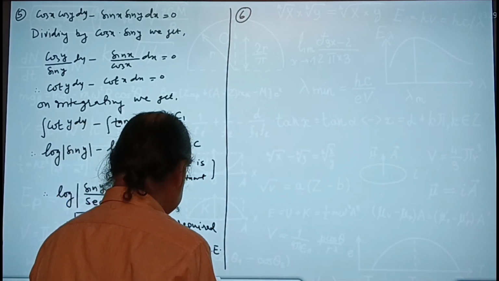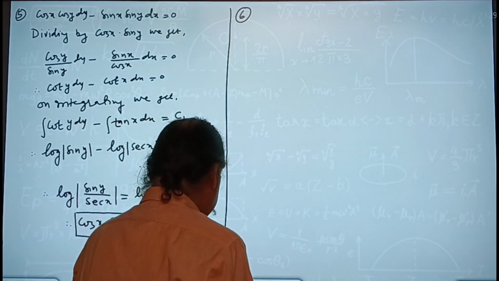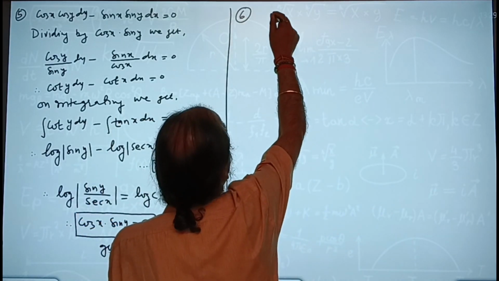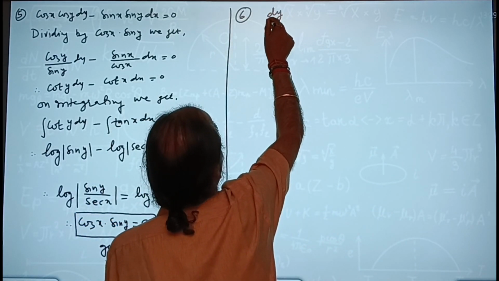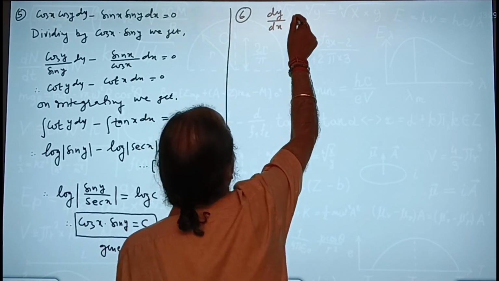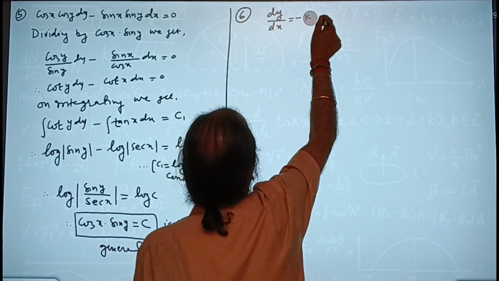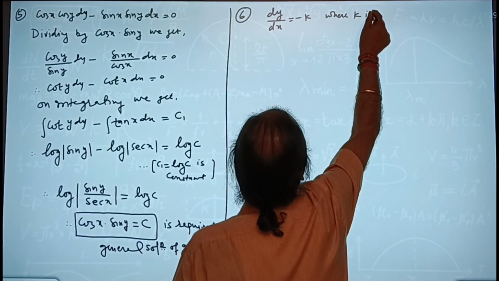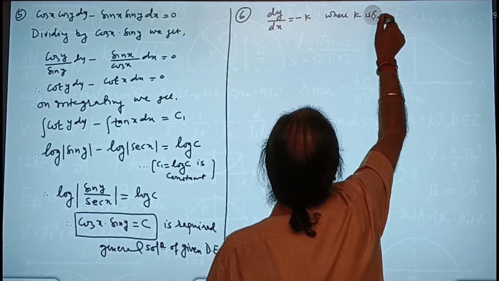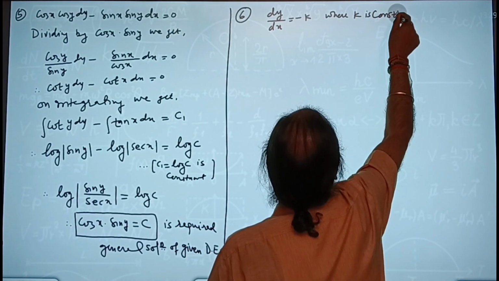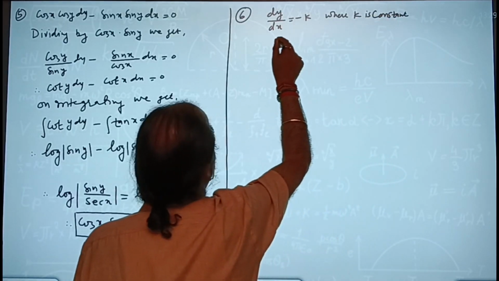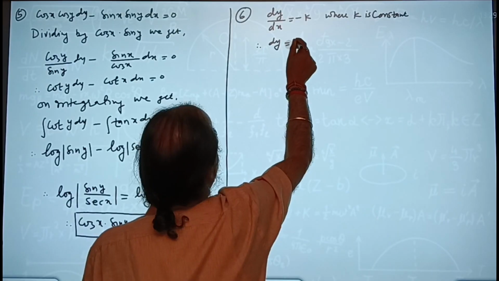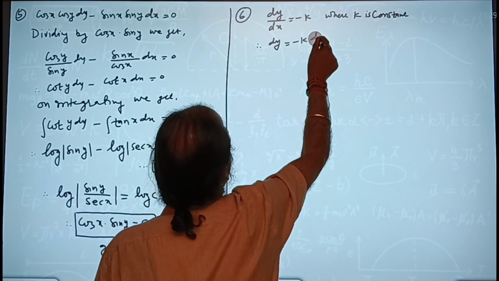Sixth is dy by dx is equal to minus k, where k is a constant. So dy is what? Minus k dx.